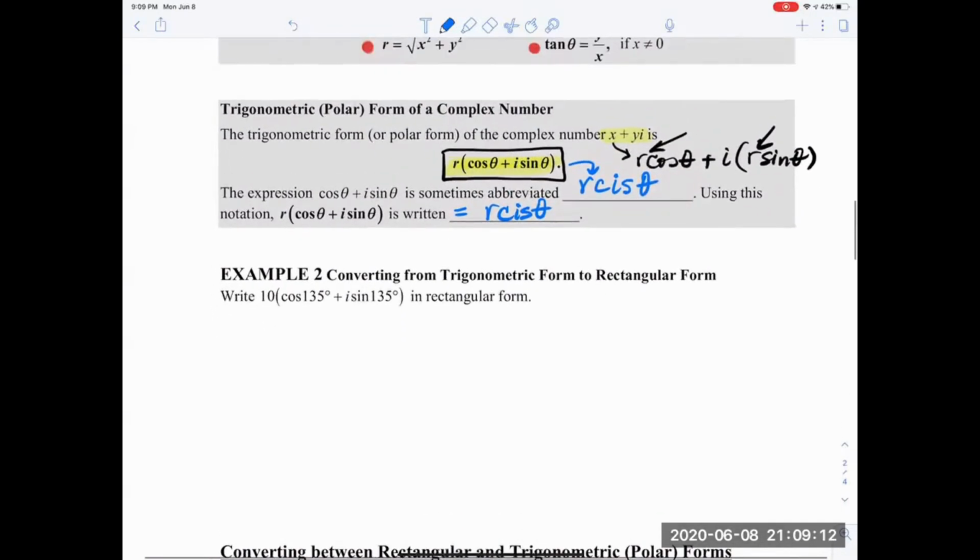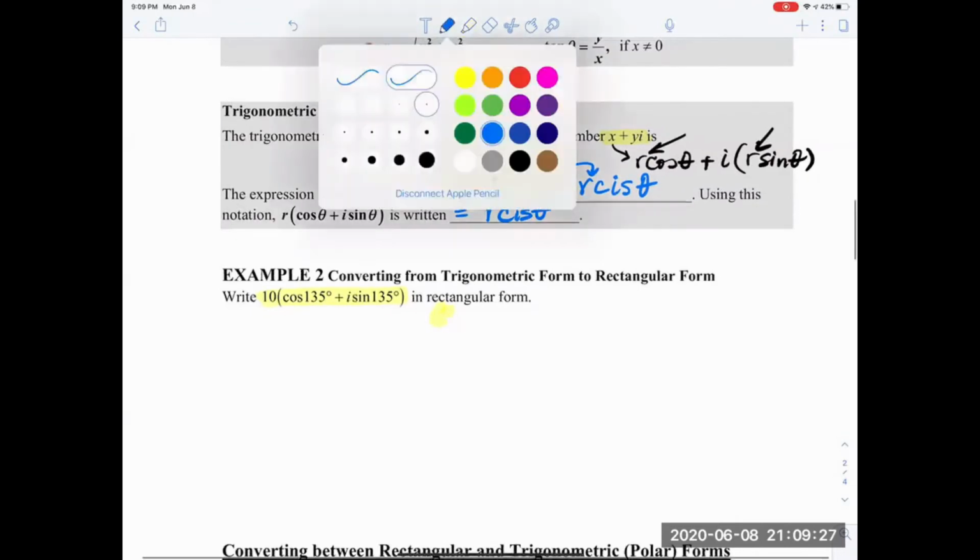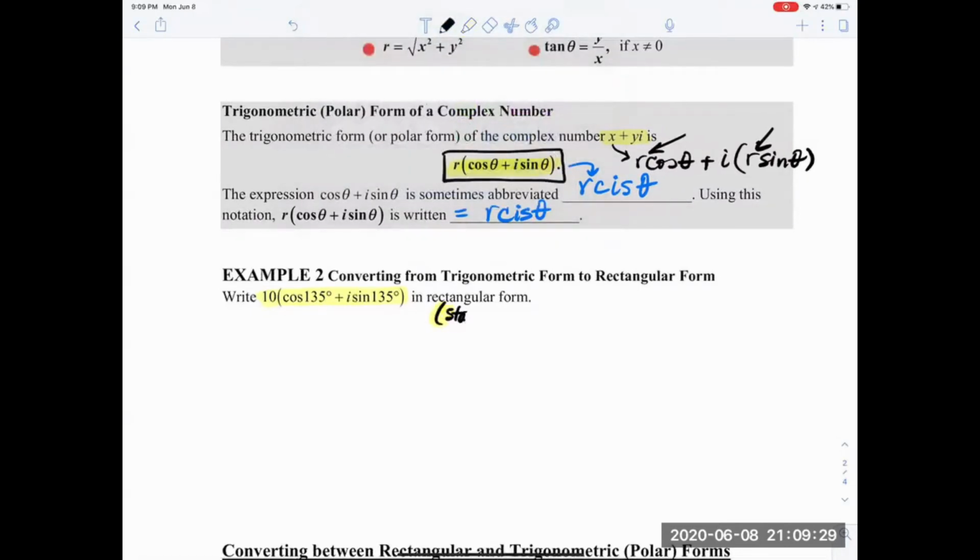What you have here is a polar form, which is given to you like so, and they ask you to put it into a regular form, rectangular form, which is standard form. When you go to standard form, you have to put it in the format x plus yi or a plus bi.